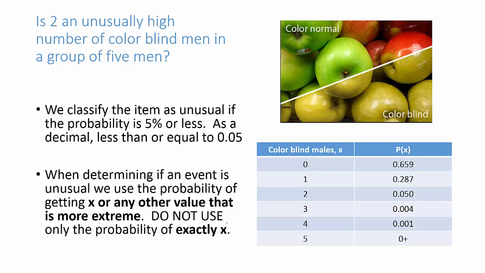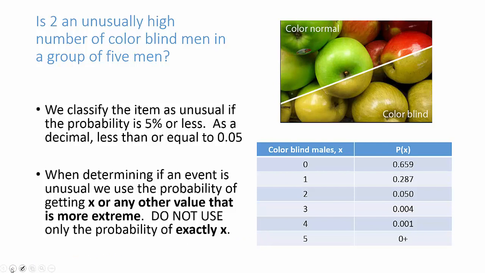I haven't done the actual math, but just giving you an idea. So even though one value may be rare in and of itself, when we are looking for something unusual, we want to know that value and anything more extreme. So in our case, we're looking for unusually high, so we'll be looking at 2, 3, 4, 5. In the weight example, I was using unusually low, so we would be looking at 110 and lower.